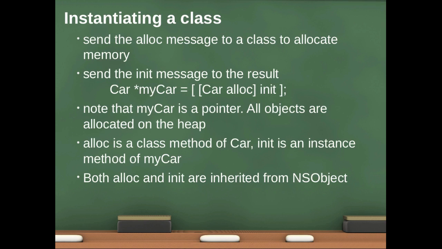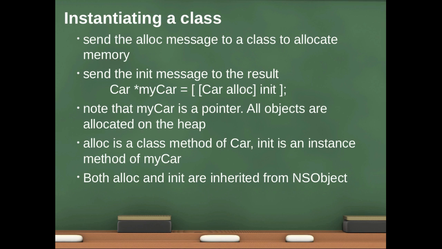So how do we instantiate a class? Well, we send a couple of messages. The first message we send is the alloc message, and we send this to the name of the class. This message allocates memory. And then with the result, we send the init message. So here's an example. Remember our class Car.